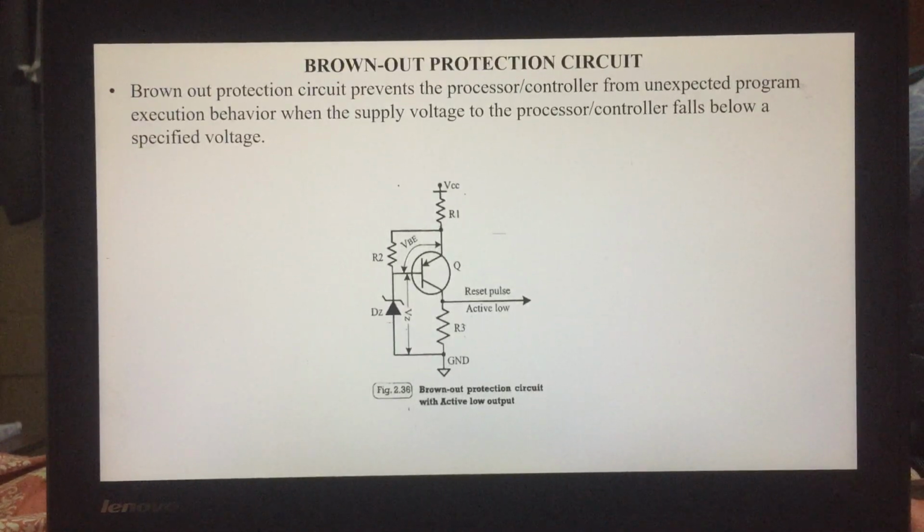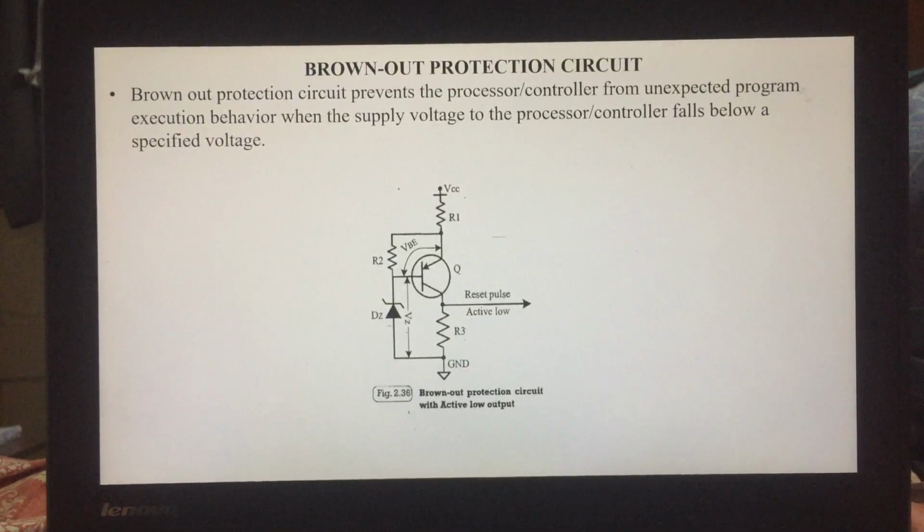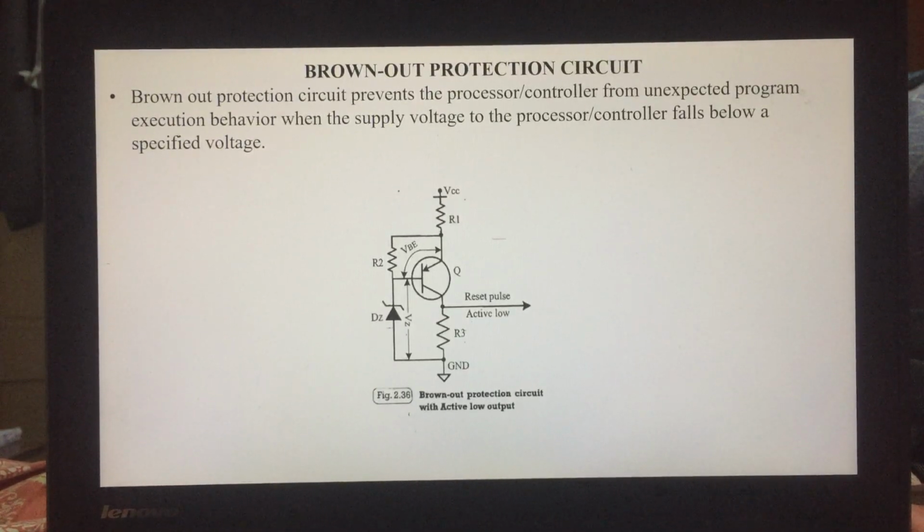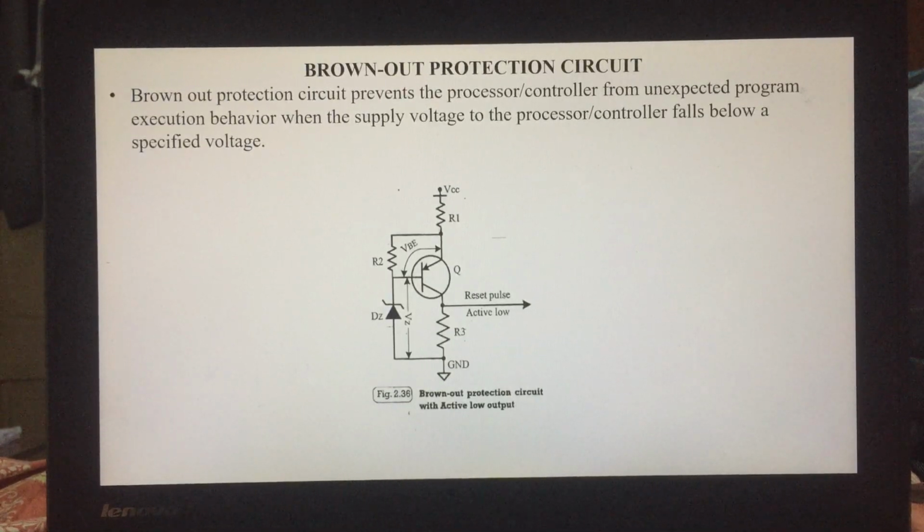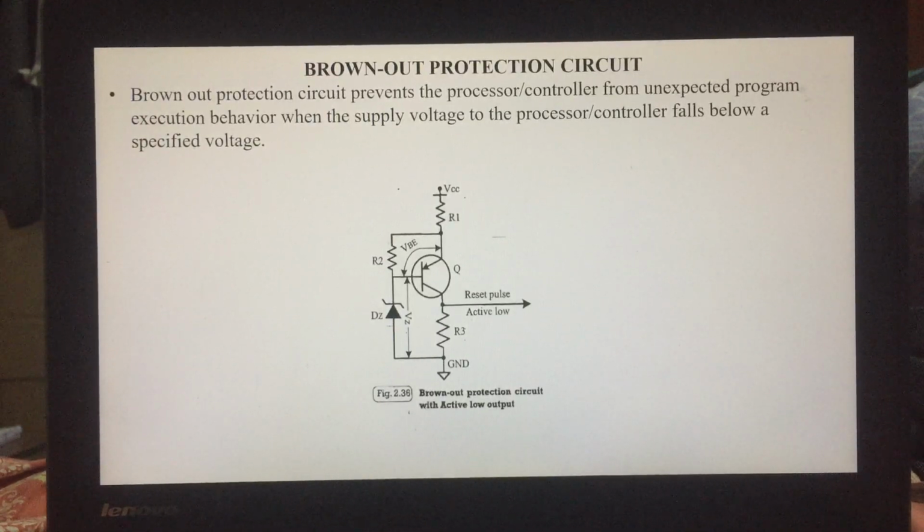The processor behavior is not predictable if the supply voltage falls below the recommended operating voltage, that is the threshold voltage, and the behavior will be unpredictable until the voltage rises above the threshold voltage.